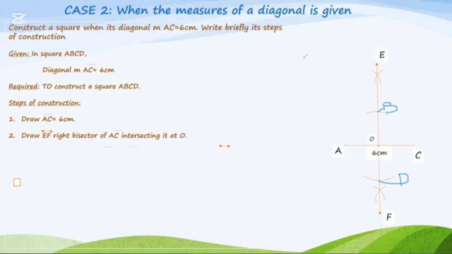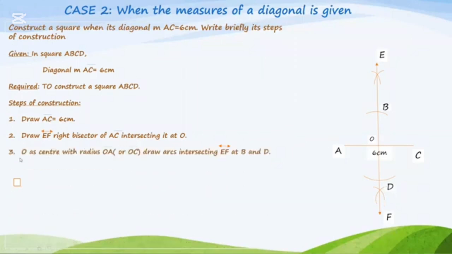Now the last step is, okay, now in the steps of construction, you can see that O is the center with radius OA and OC.